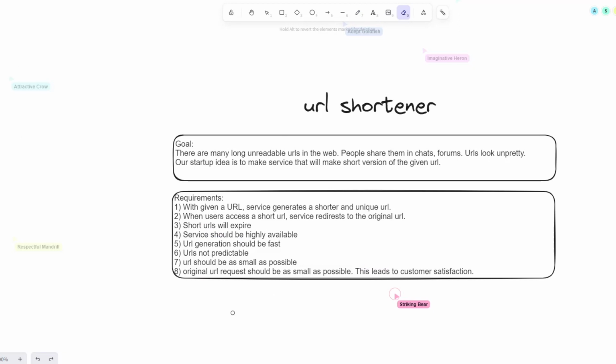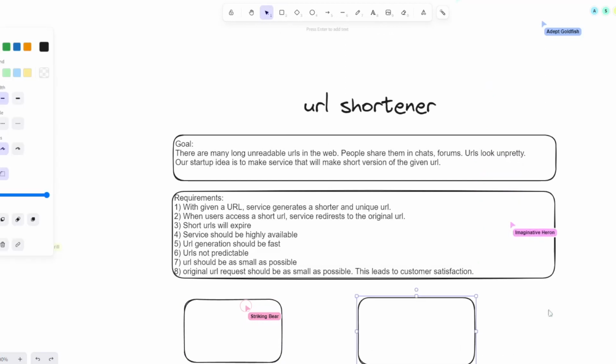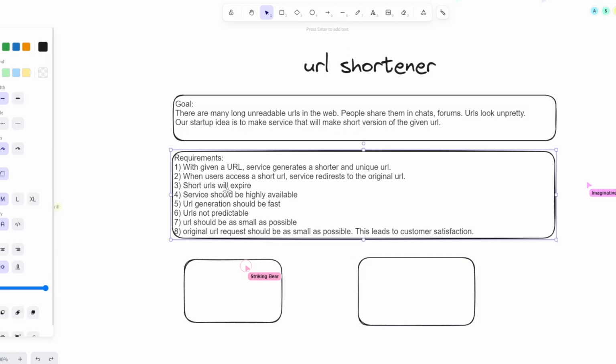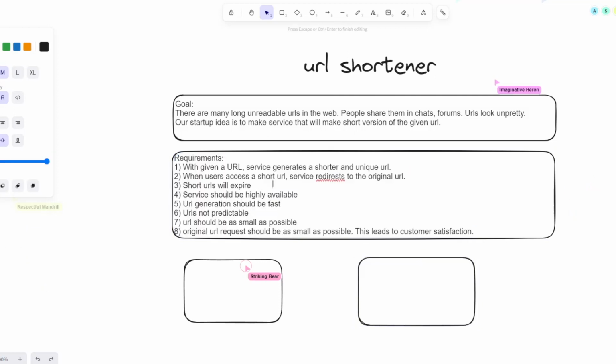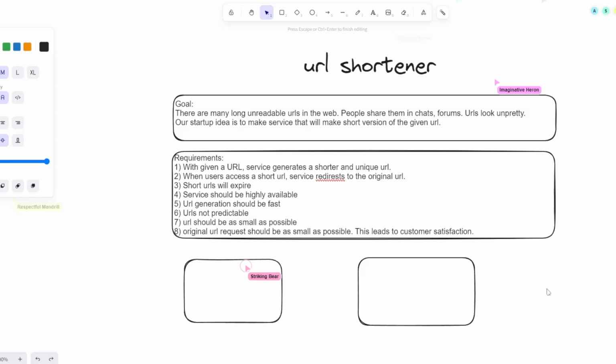Can someone take the requirements from here and make a functional square and a non-functional square? Rewrite these 8 requirements into functional and non-functional. For example, I have one square with functional requirements and a second square with non-functional requirements, and we should figure out which of these requirements are functional and which are non-functional.